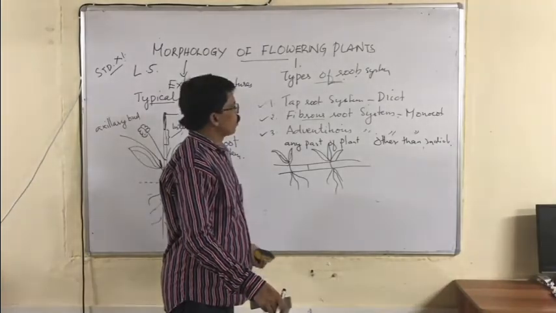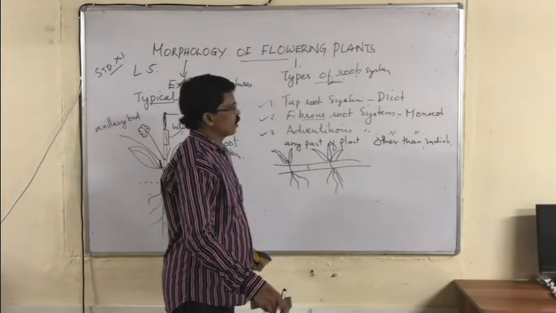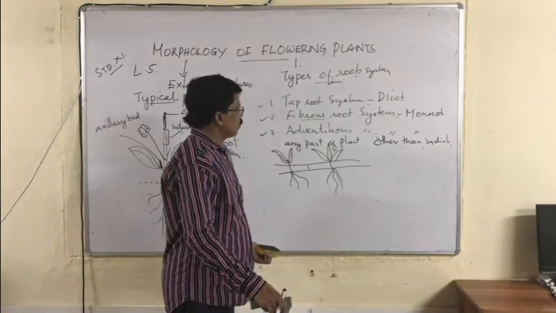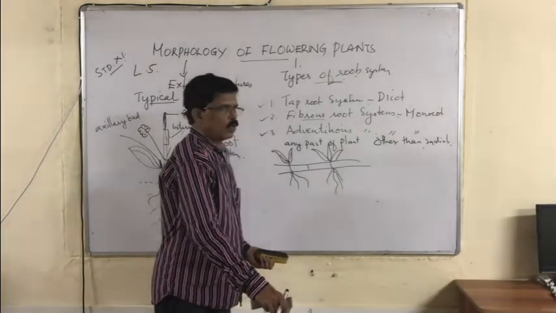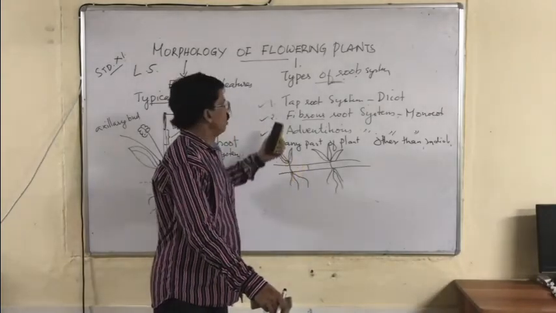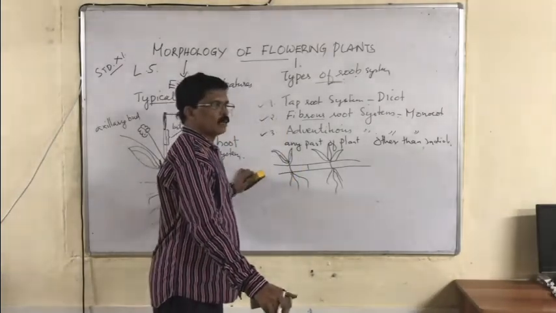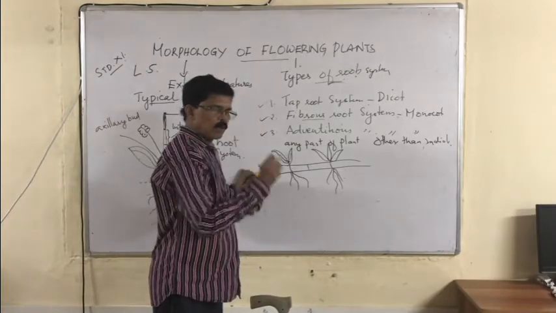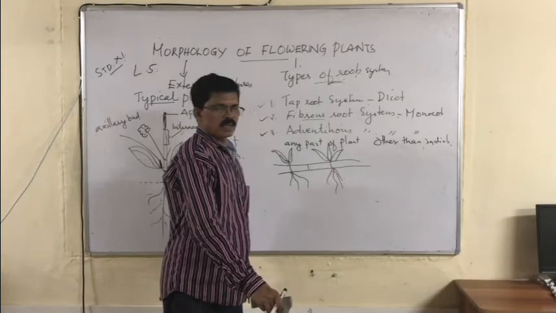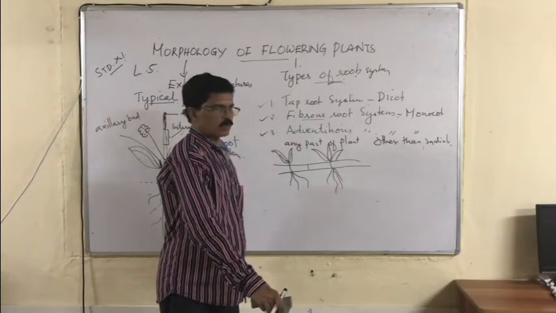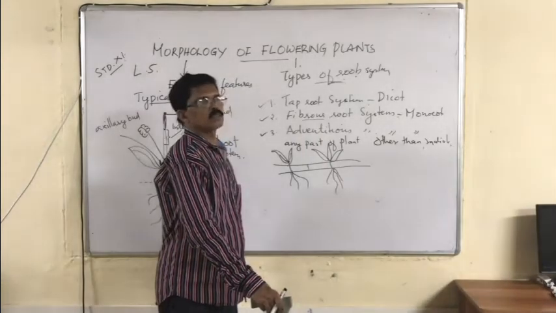So the taproot system is in dicot plants, the fibrous root system in monocot plants, and the adventitious root system in both dicot and monocot plants. In the taproot system, you can see the main root called the taproot develops into the primary root, from which secondary roots branch and tertiary roots develop. Such a root system is called the taproot system.